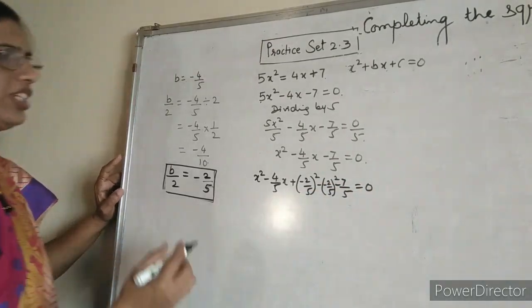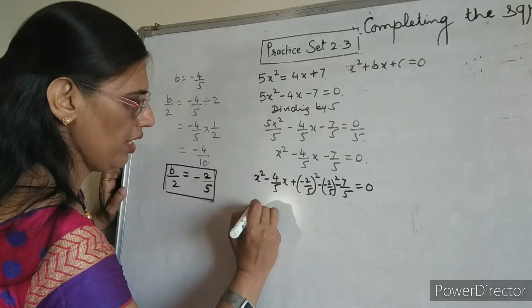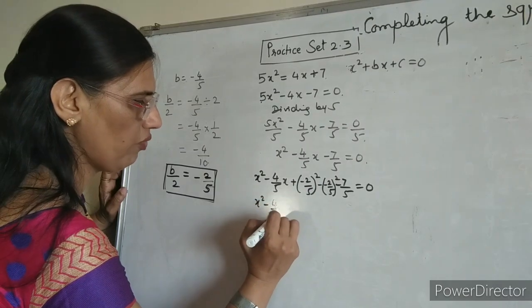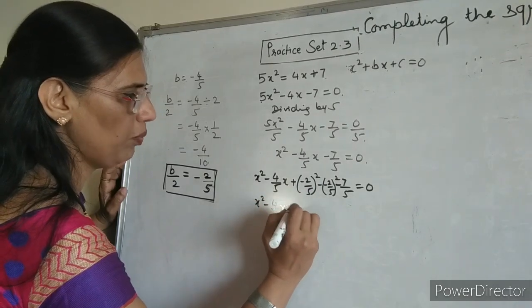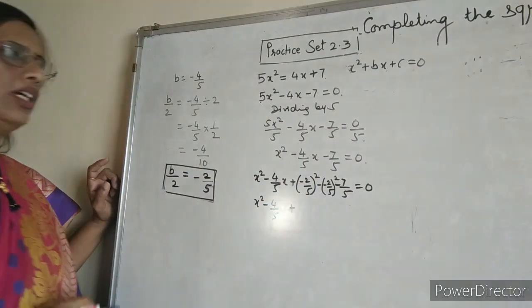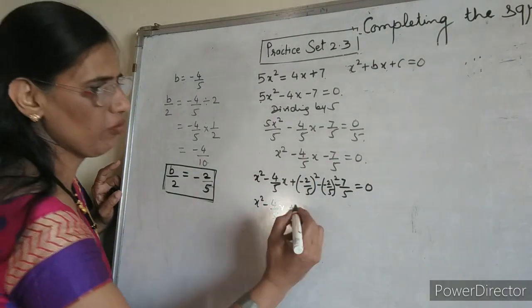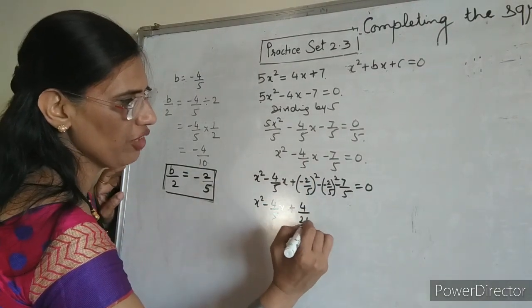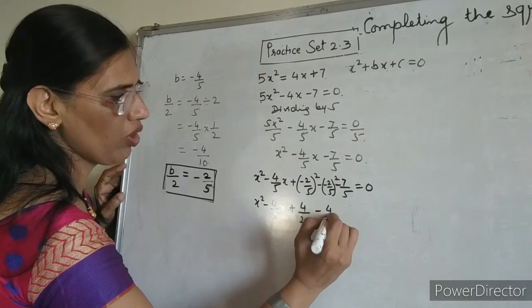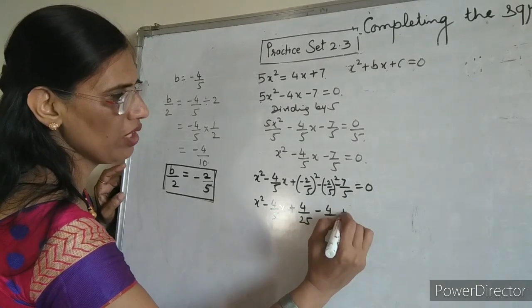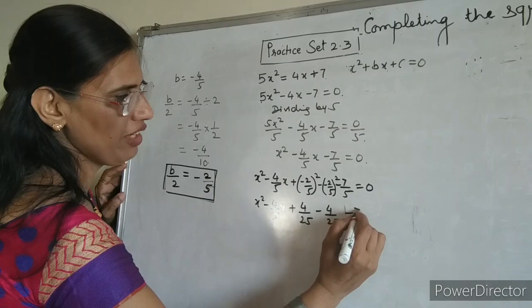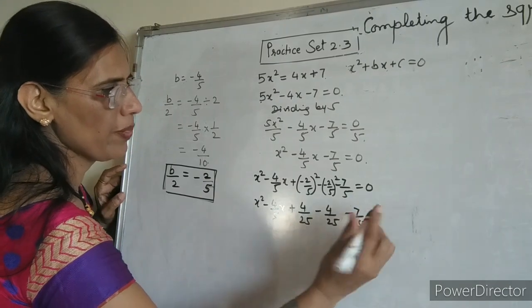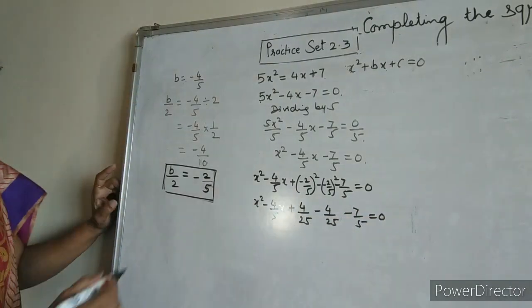Thus we get x square minus 4 upon 5x here plus square of any negative is always positive, and therefore we get 4 upon 25. Again minus 4 upon 25 plus minus 7 upon 5 is equal to 0.